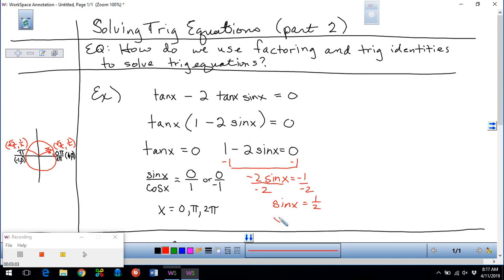So we have 2 more solutions. x equals pi over 6 and 5 pi over 6. Let's go ahead and pause, copy this example down, and we will move on to the next example.